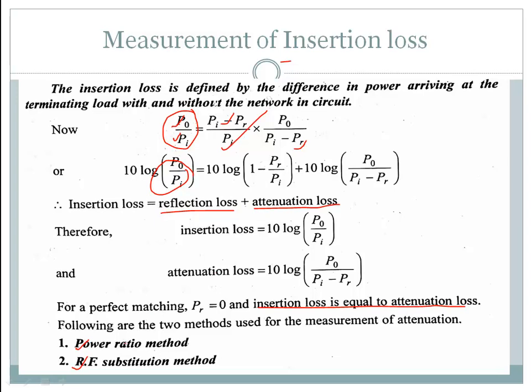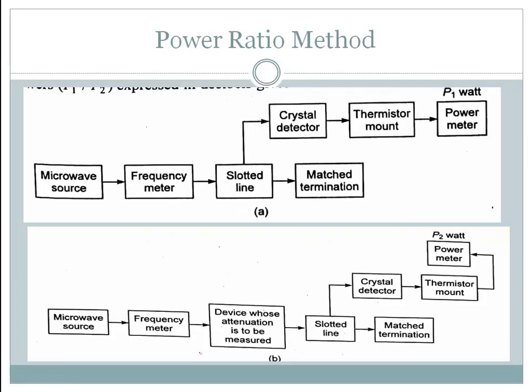And in the second case, which is known as the RF substitution method, the network is replaced by a known variable attenuator. So with the help of a variable or calibrated attenuator, we are able to check the power which is received by the network, right? Now we will see in detail.